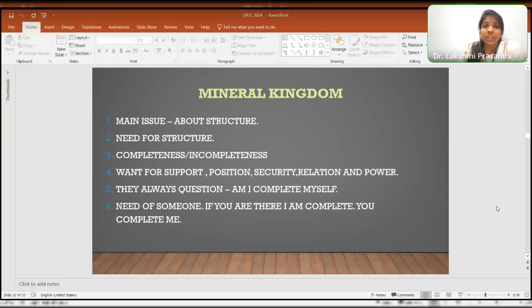So there is always a question: am I complete in myself or am I not? I may need someone who would complete me. The talk would be like, if you are there, I'll be complete. You complete me. So there is a need for someone to complete themselves, to maintain their own structure.